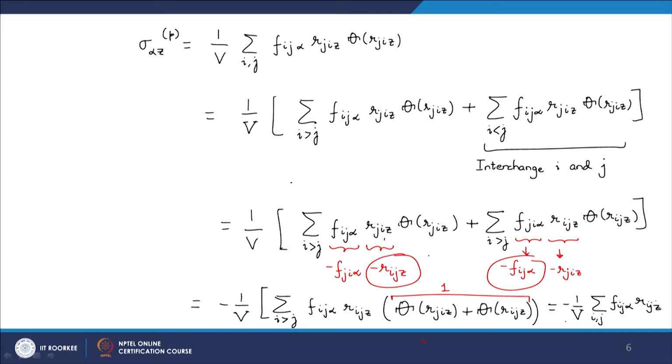So what we have managed to obtain, if you look at the last expression, is that we have represented the stress acting on this as a multiple of forces between molecules and distances between them, right.